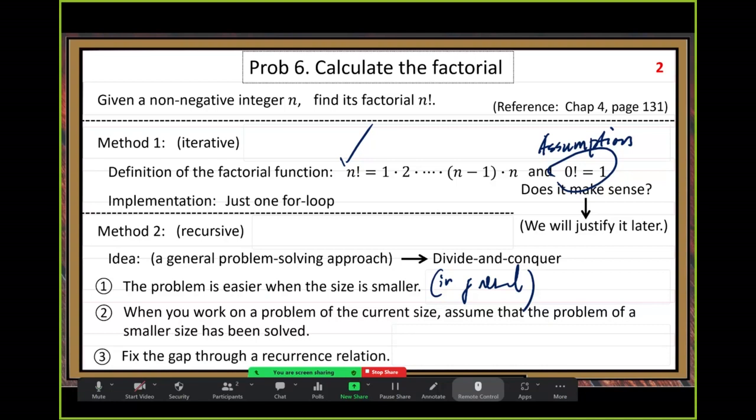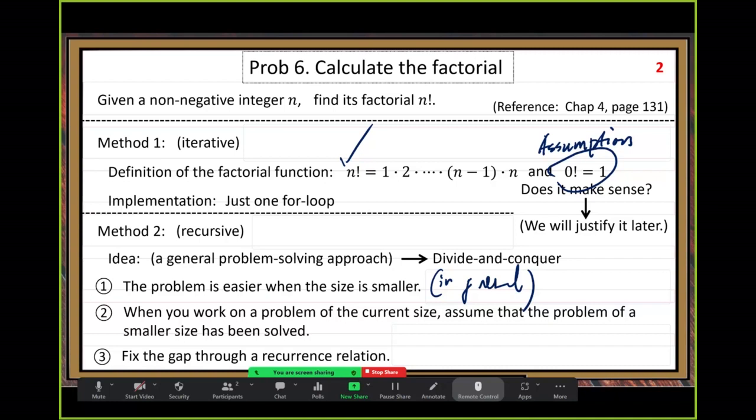But there is a gap, right? Between the previous problem size and the current problem size, there is a gap. So we need to fix the gap through a recurrence relation. If you find that recurrence relation, then you're almost there, because you can write a definition of your recursive function based on this recurrence relation immediately.